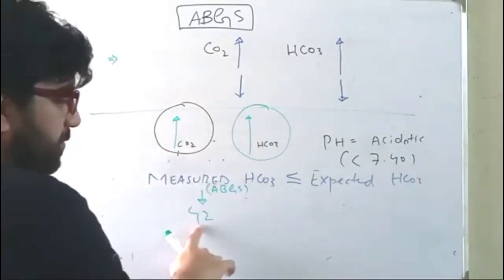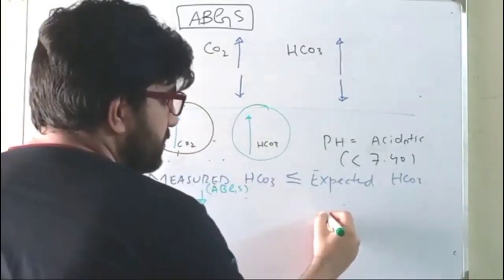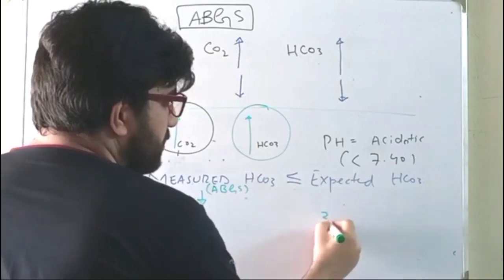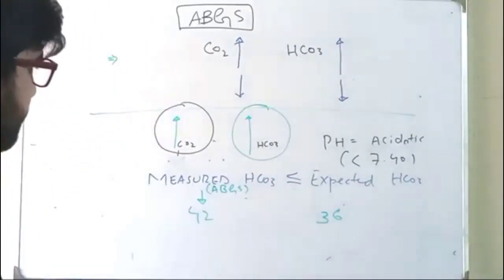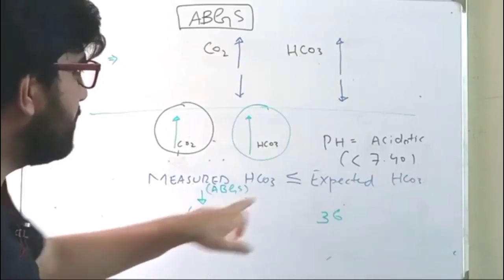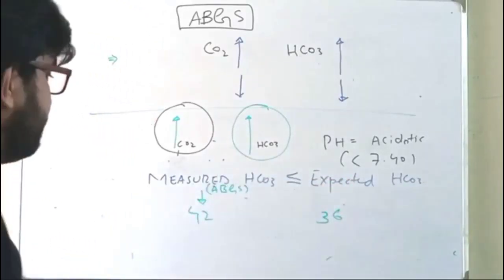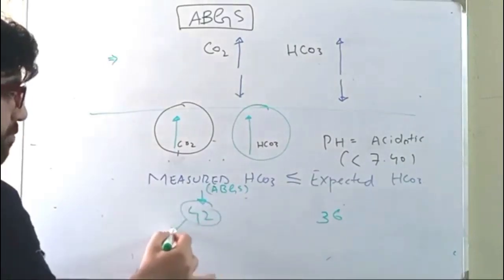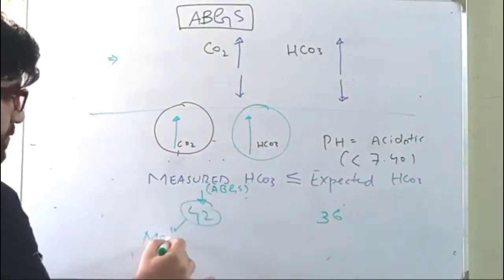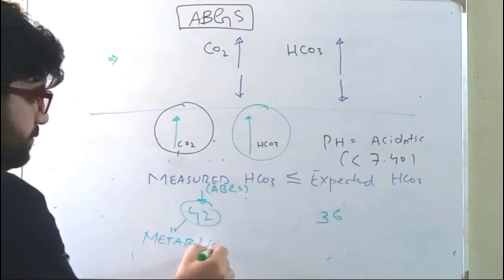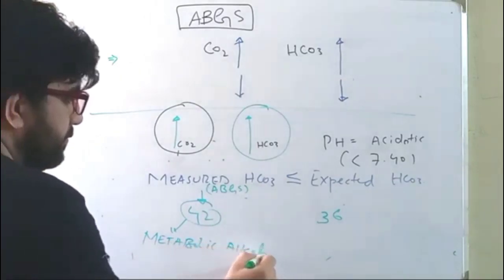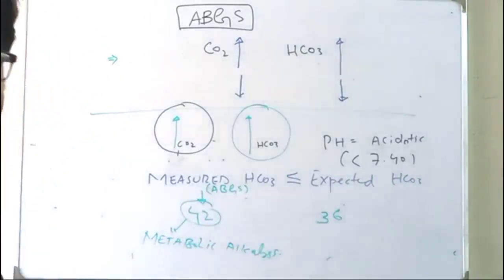So if the measured bicarbonate is 42 and the expected bicarbonate is 36, that is measured bicarbonate is more than the expected bicarbonate, so there is concomitant metabolic alkalosis.